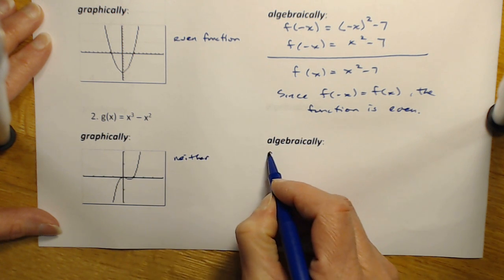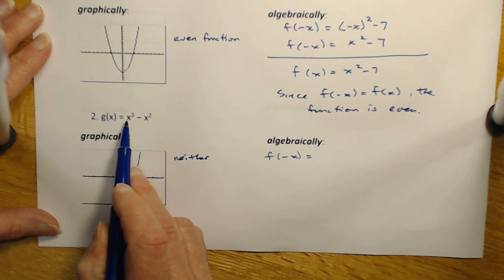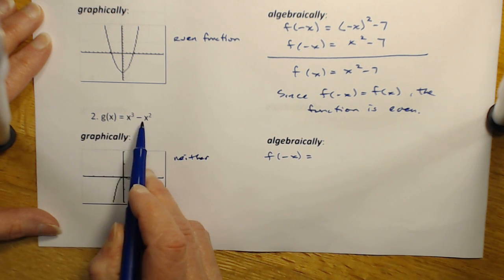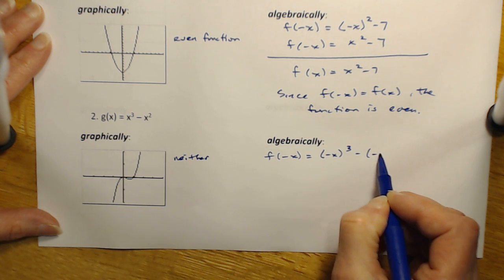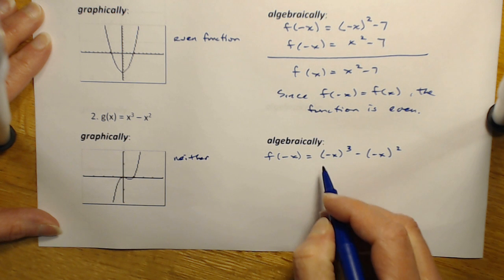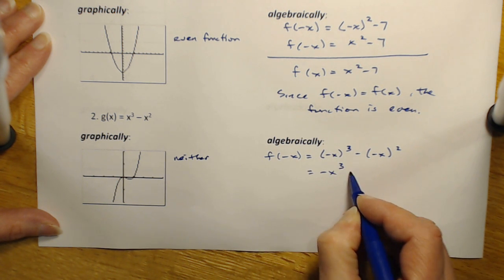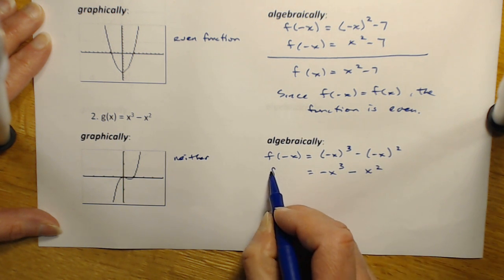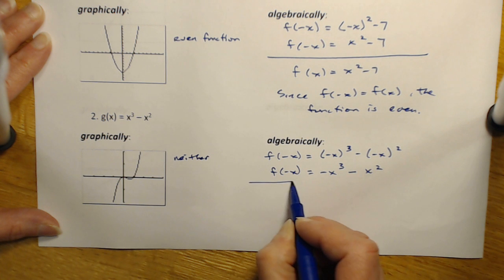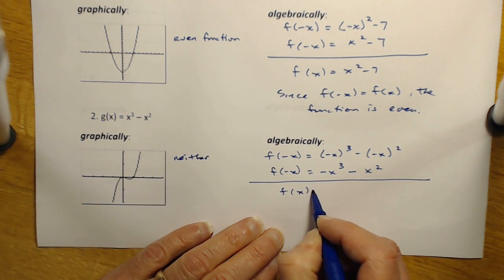Okay, algebraically, again, we calculate f of negative x. This function takes any input, cubes it, and then subtracts its square. So we cube the input and subtract its square. Okay, clean this up. Again, negative cubed would still be negative. The negative squared would be positive. Okay, so this is our f of negative x. Okay, so again, we have to compare it to the original.